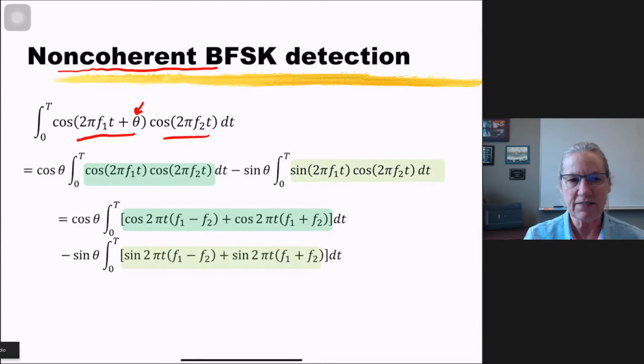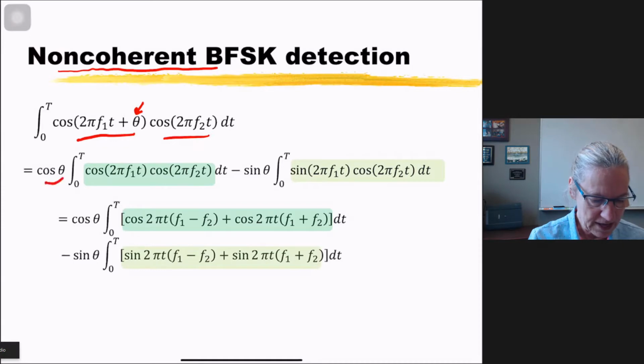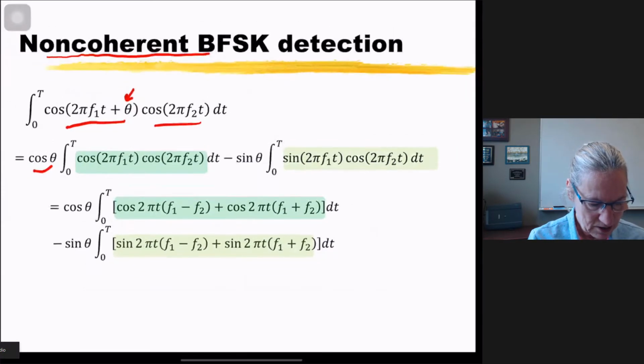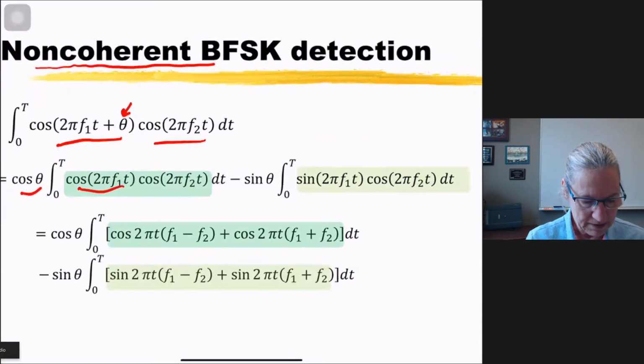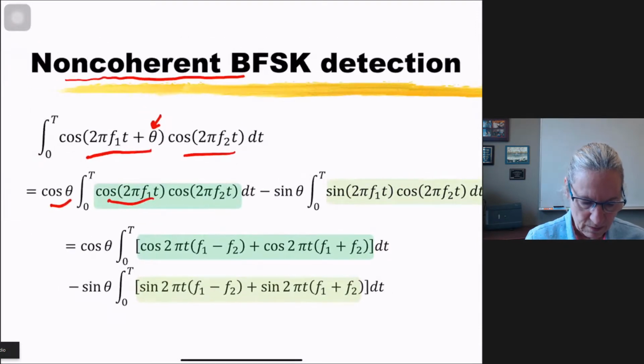So I have this offset theta, and the first application I can make of the trigonometric identities is the one that breaks out the cosine of a sum of terms. And of course the cosine of a sum of terms is the same as the product, cosine theta times the cosine of the other argument, and the other one would be sine times that sine.